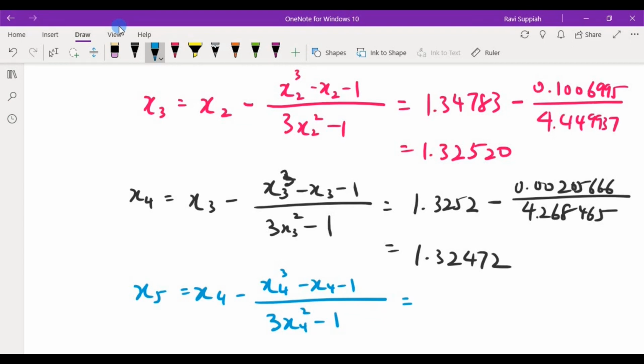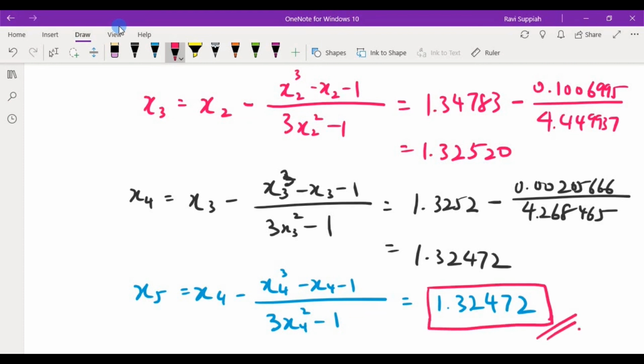When you work this out, you will get the same answer as x4, 1.32472. So you can see that at this point the values of x5 and x4 are the same, and you can conclude that we have converged to a final answer, which is 1.32472.